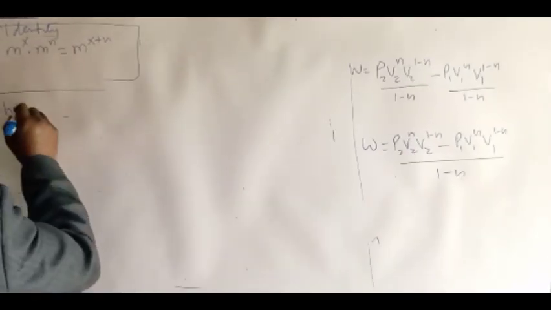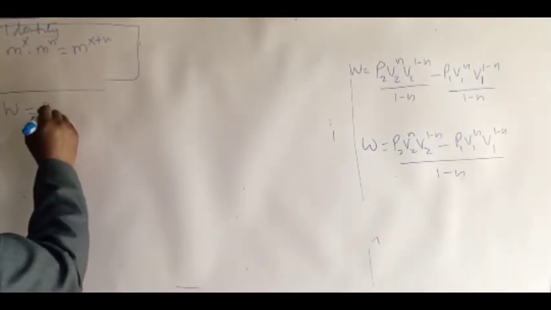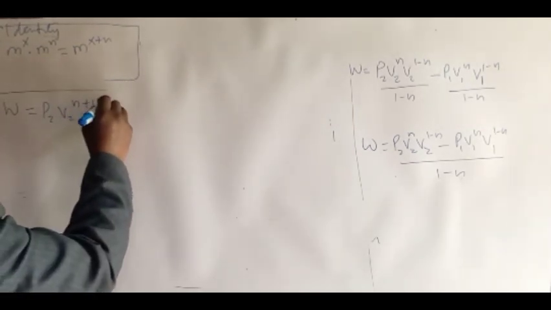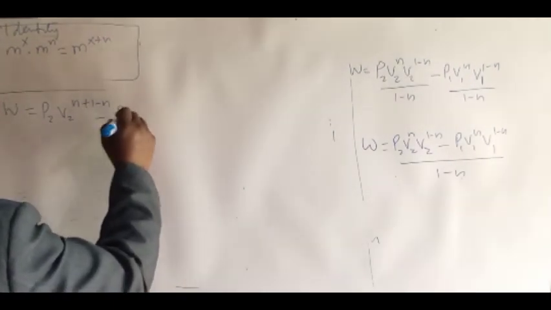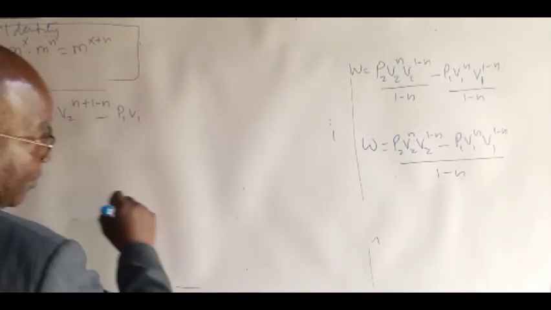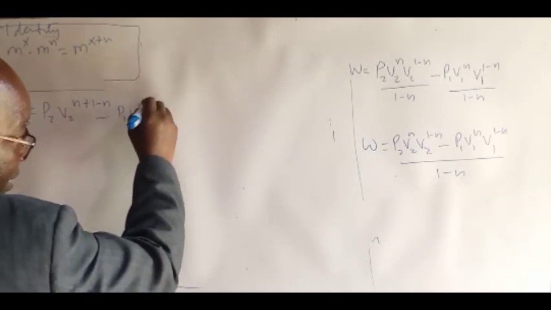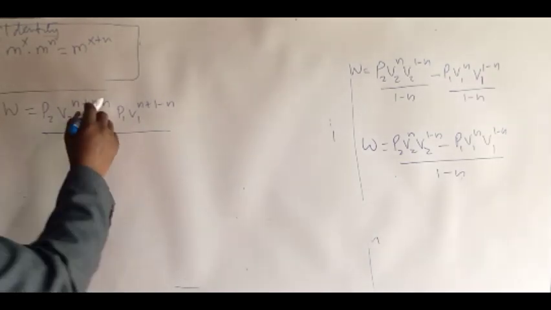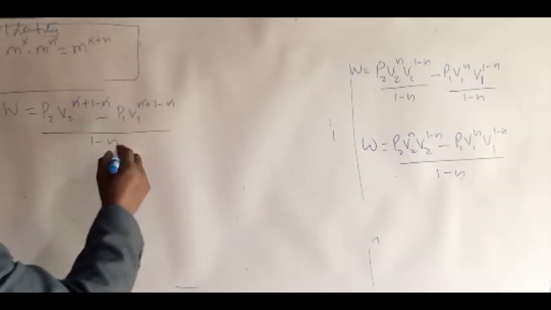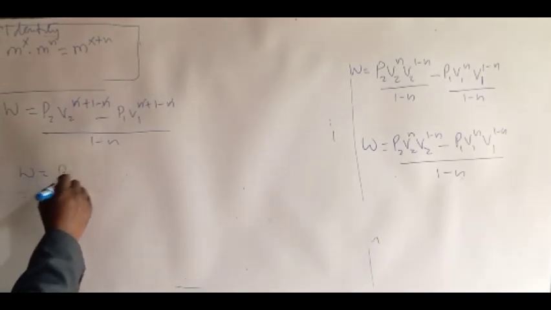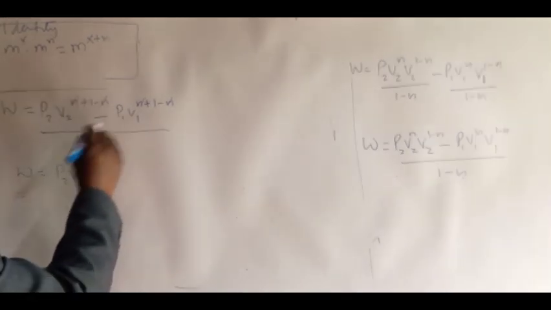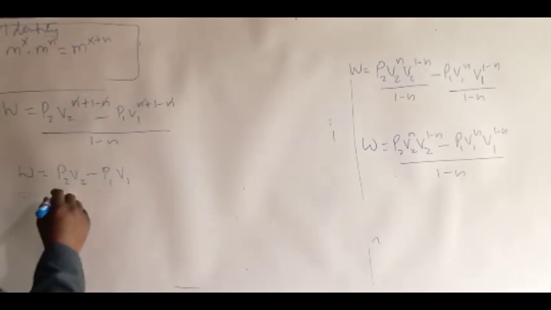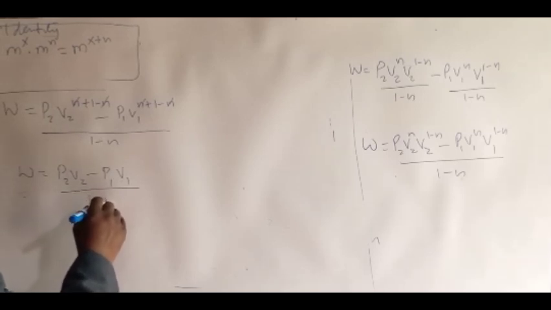So W now becomes P2 V2^(n+1-n) minus P1 V1^(n+1-n) over 1 minus n. And of course, those n's will cancel out so that we are left with W as P2 V2 minus P1 V1 over 1 minus n.